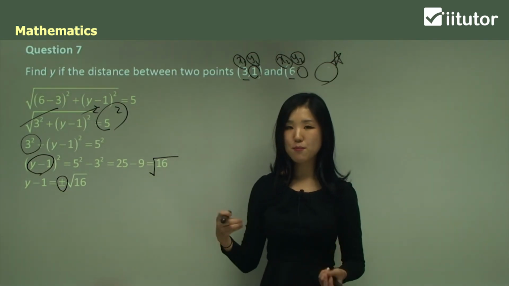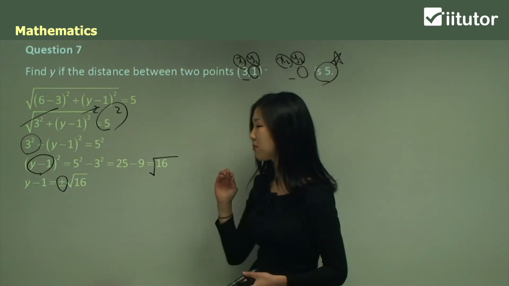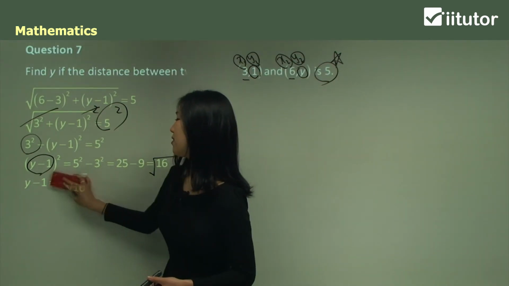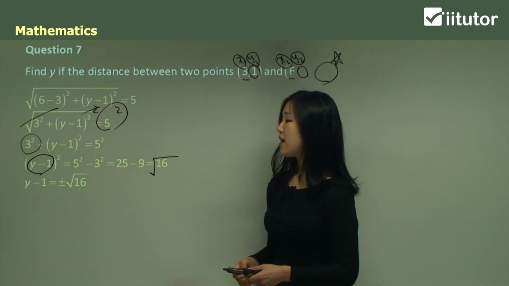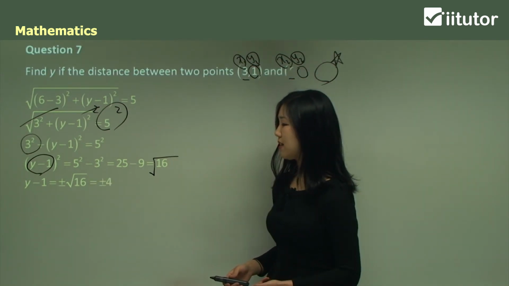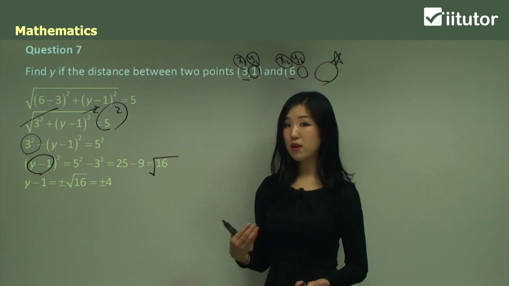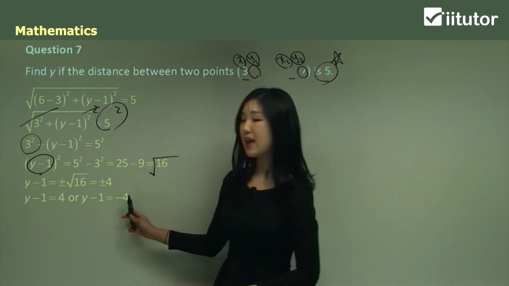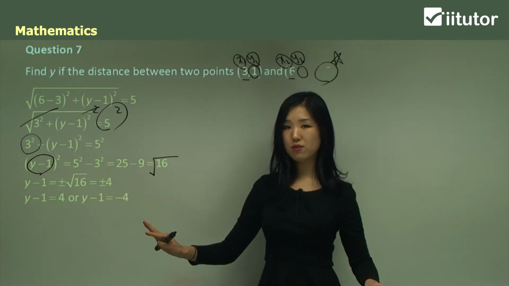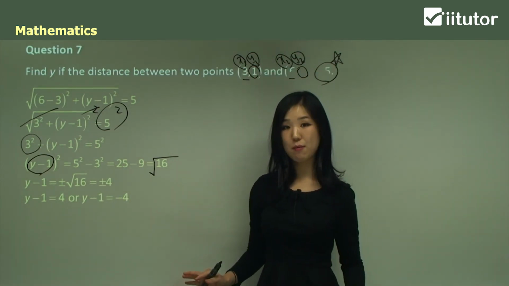So we must consider both positive and negative values. This is something that I can't stress enough about. Everyone makes mistakes. Okay, so now we no longer have the square. Now we know that, guys, root 16 is 4. So we have plus or minus 4. So I can say that y minus 1 is positive 4 or negative 4. I'm just going to separate those two equations out so I can solve them individually.